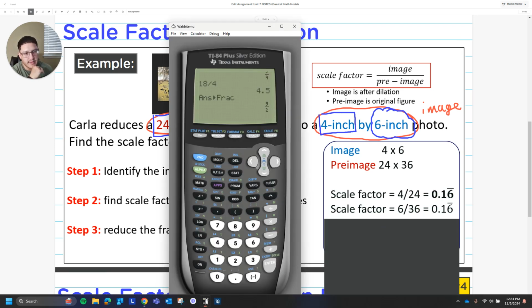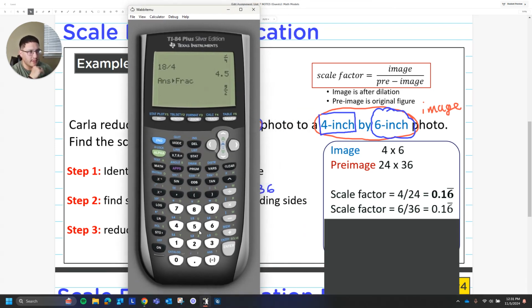When you type those into the calculator, you're going to get the same scale factor. So 4 divided by 24 is 0.167 if you round it. And then 6 divided by 36, same thing, 0.167 or 1/6 repeating.